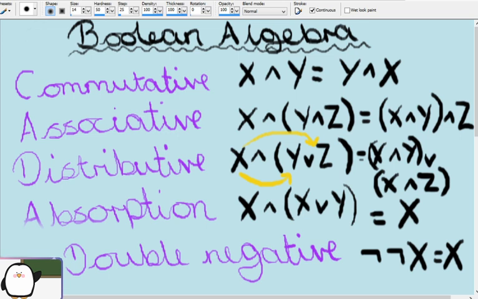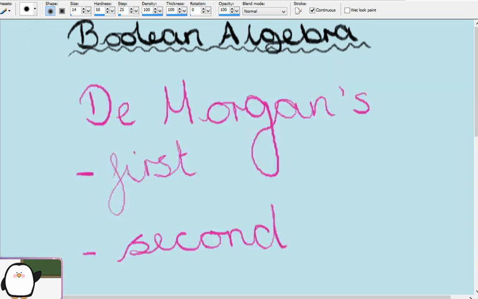We then have two laws, which are De Morgan's first law and De Morgan's second law.